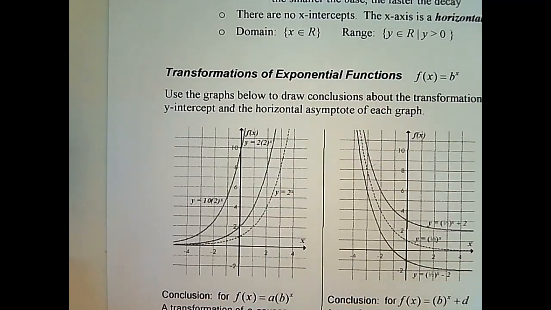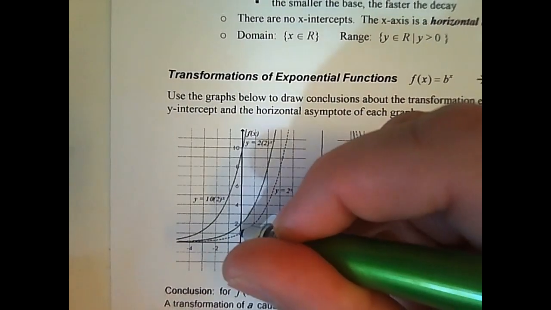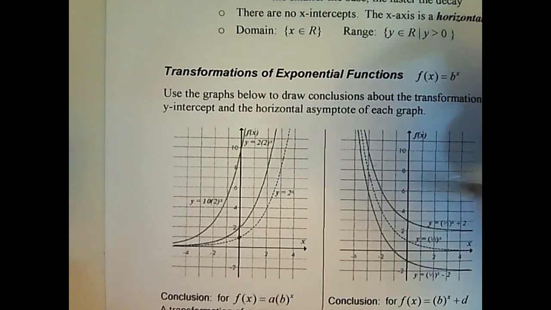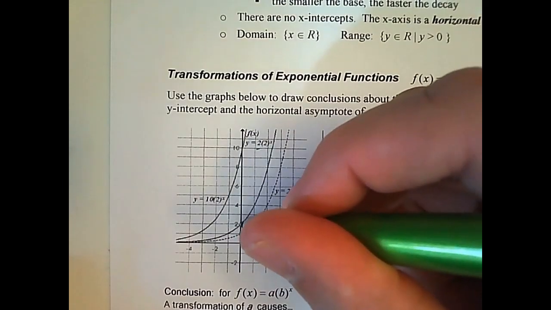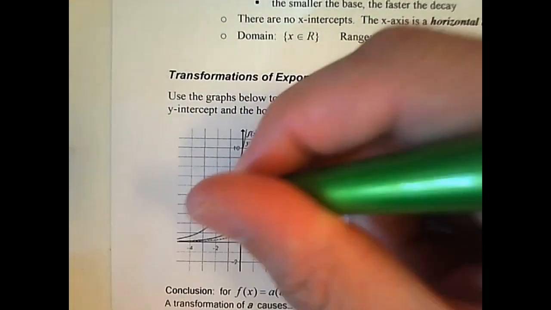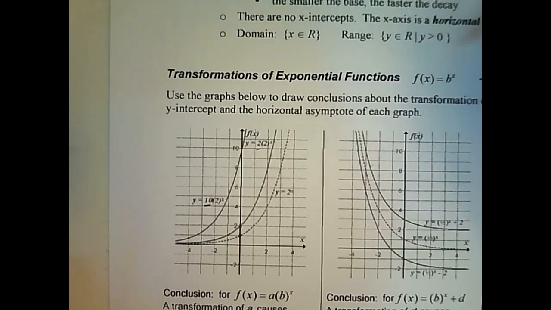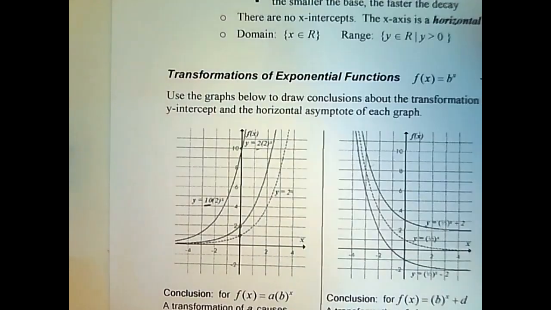Also notice our y-intercepts. Of our original one, we have a y-intercept of (0, 1) here. Then when I have the a value of 2 here, my y-intercept becomes 2. And then when I have an a value of 10 here, my y-intercept becomes 10. So some things we can write here at the bottom.